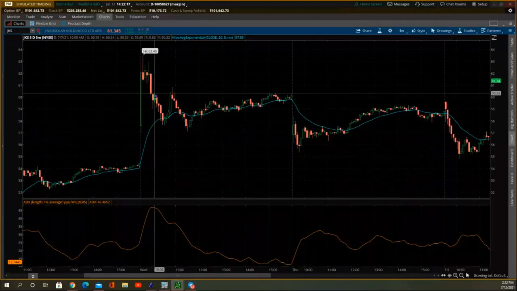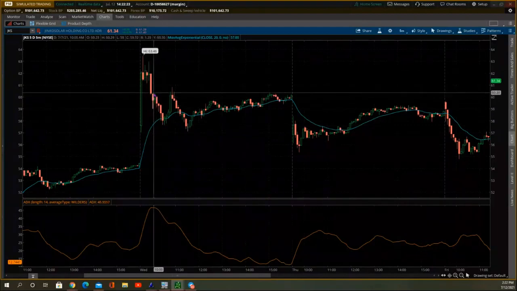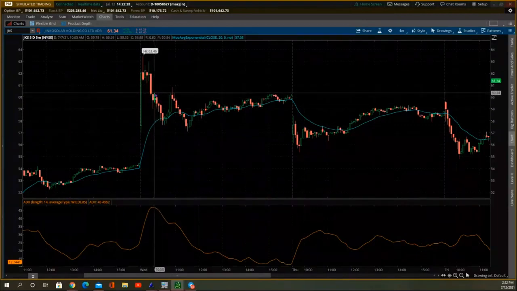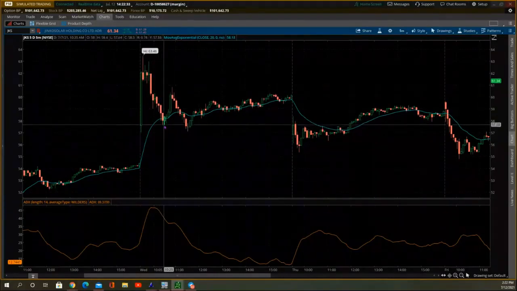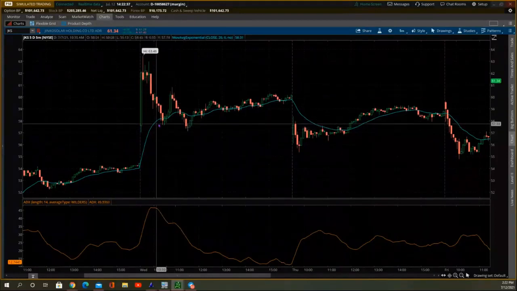Or you could have even used this as a swing high with your stop right here. So let's say it hits this little pivot right here. You're out. You're still in. You're still in. And if you didn't change your stop, you'd have been stopped at right here.